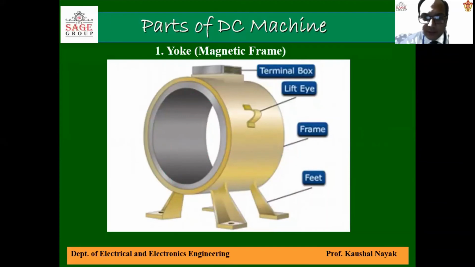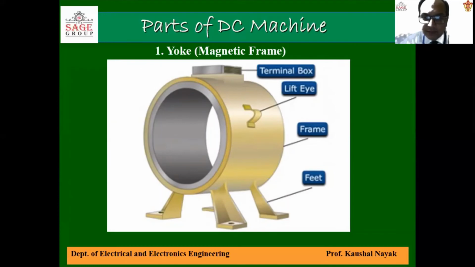This is a picture view of the yoke, having some other components which are not in the definition, like feet. With the help of the feet, we are able to install the machine on a solid body to make it vibration free.